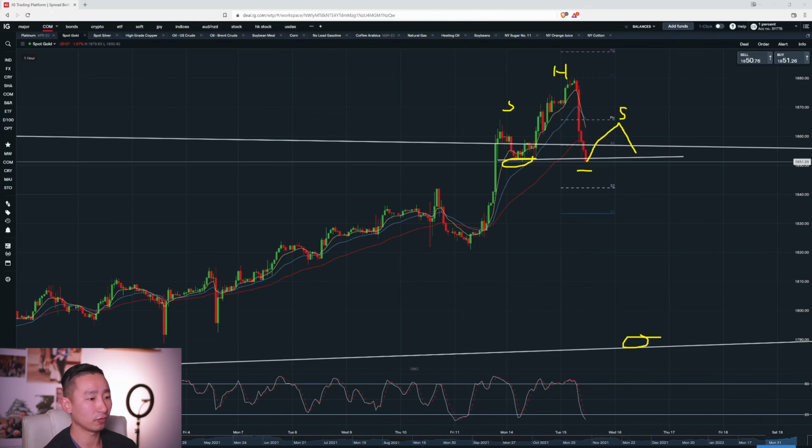Or if price continues to smack down, then I will look for a retest potentially tomorrow morning. Okay, this is the daily pivot. I think the daily pivot, depending on the price behavior, should step down tomorrow. So keep an eye on the development on gold. I potentially will short that.